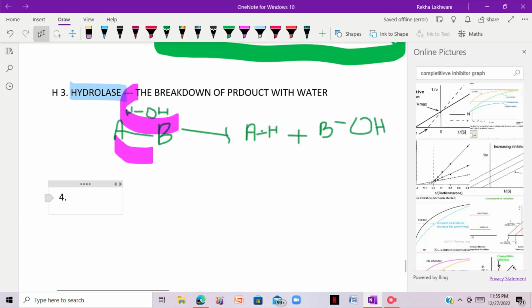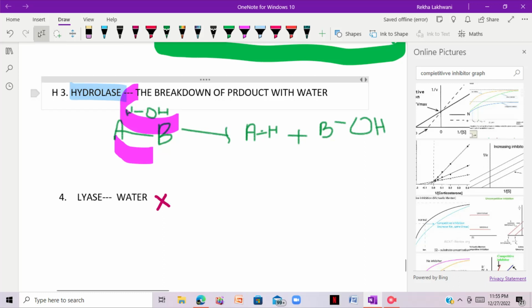For example, we are having a product in which A is bonded with B, and it is forming A plus B. So the enzyme used over here is lyase, and this breakdown is happening without the water.